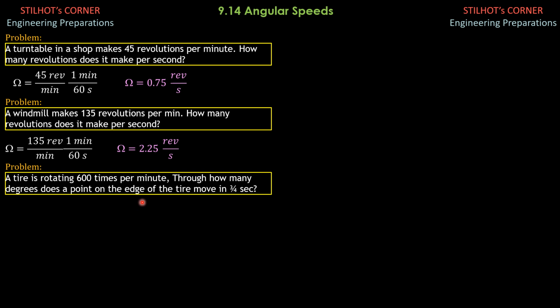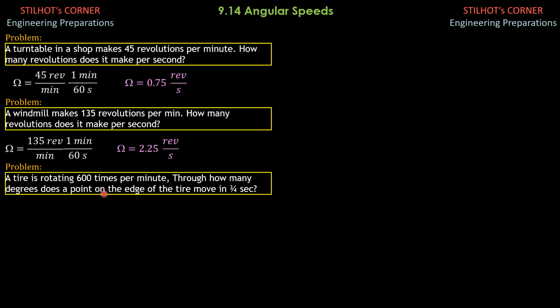This time we compute the angular displacement, and we begin with a speed of 600 revolutions per minute. We convert that to revolutions per second, so we multiply by 1 minute per 60 seconds, then the time is 3/4 second.